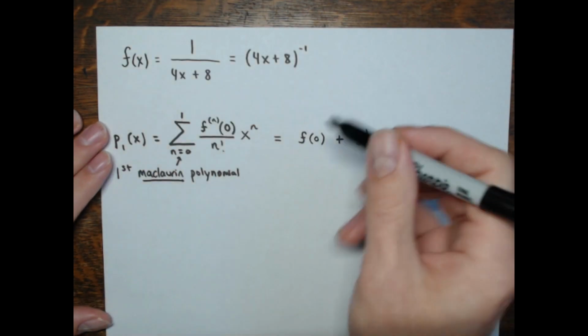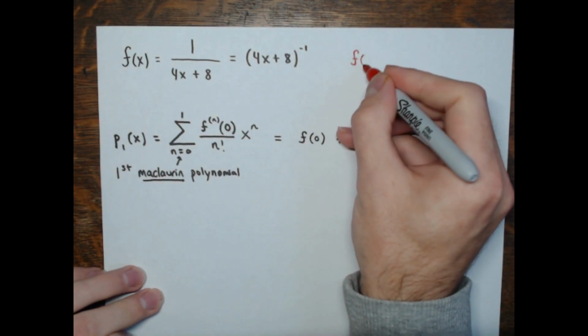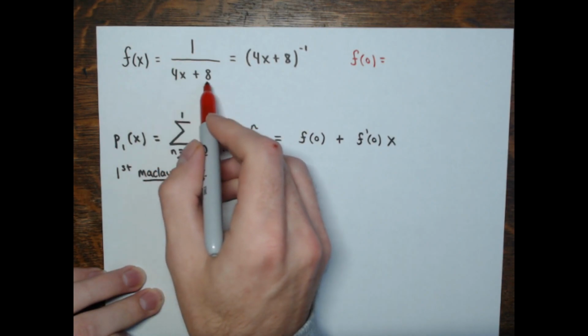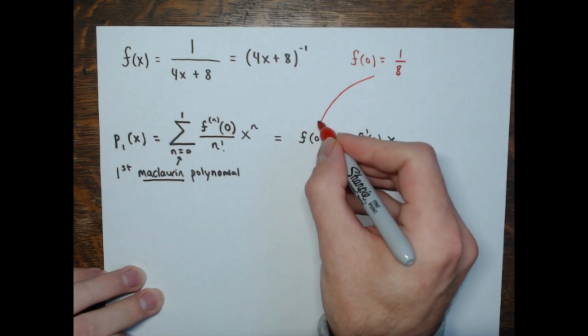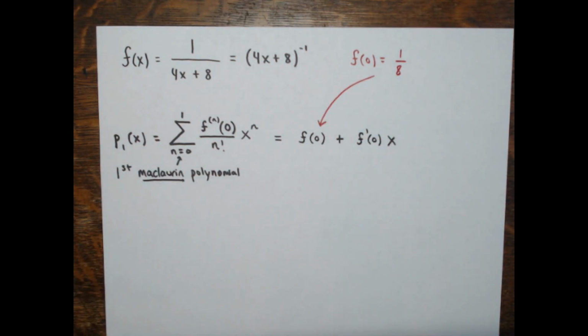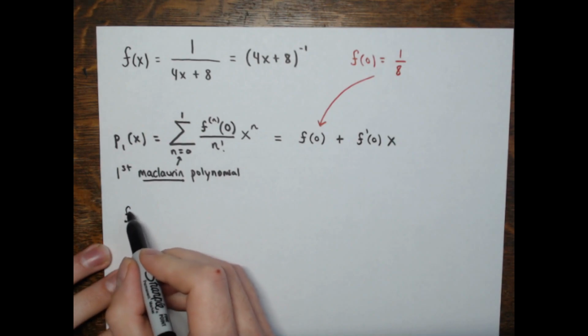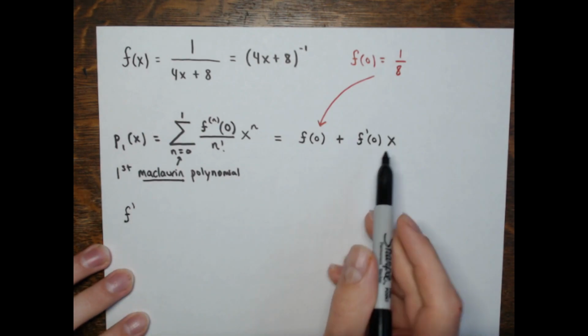So f of 0 is simply 1/8, 1 over 0 plus 8. That's going to go here, the constant term of my linear Maclaurin polynomial. And then I take the derivative, plug in 0, and we'll get the coefficient of x to the first.